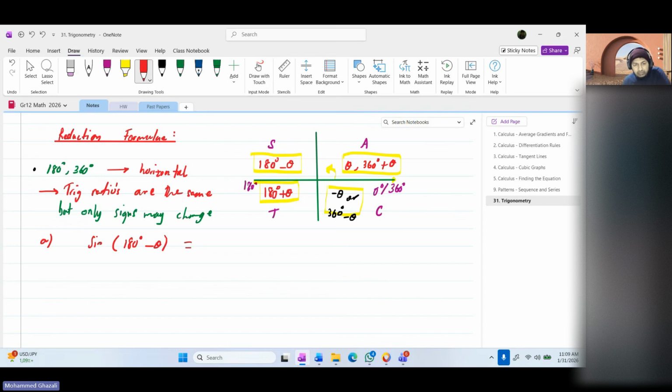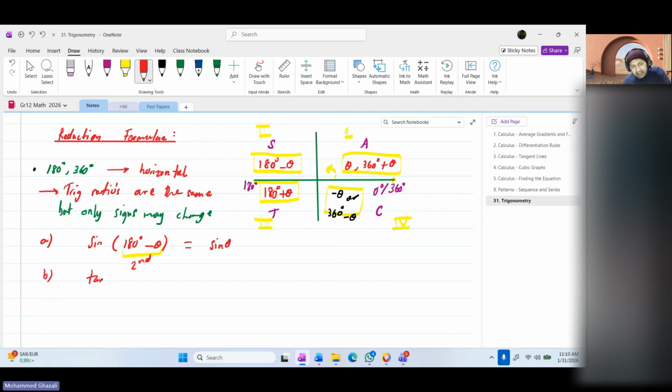So first, locate the quadrant. 180 minus theta is the second quadrant. How do we know that? This is quadrant 1, that's quadrant 2, that's quadrant 3, and that's quadrant 4. This is the second quadrant, and in the second quadrant, sine is positive. So just sine theta, easy.